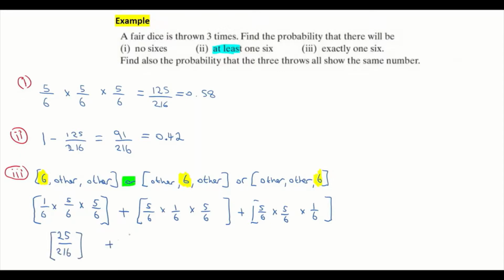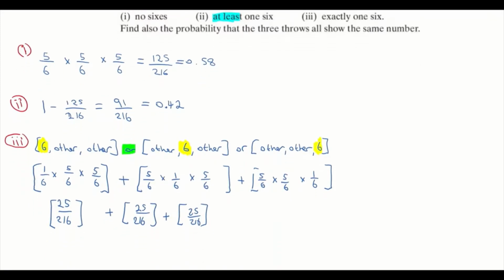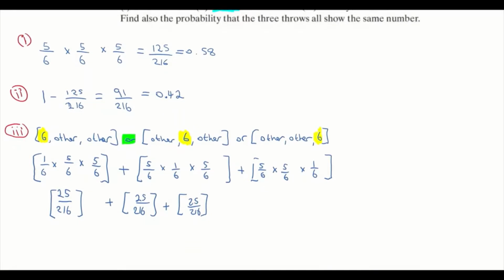So it's plus 25 over 216 plus 25 over 216. So I get the same answer for all three scenarios. When I add them together then, we get 75 over 216. So when I add them together, 25 plus 25 plus 25 is giving me 75 all over 216.